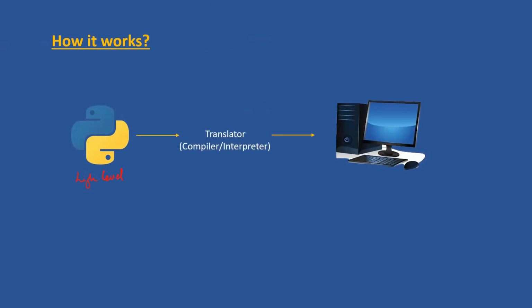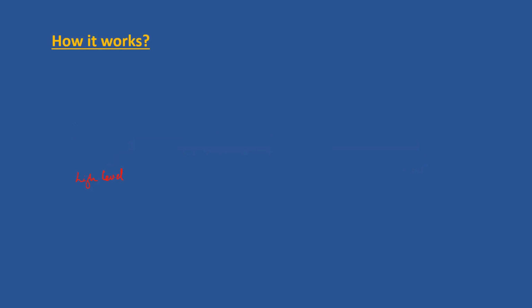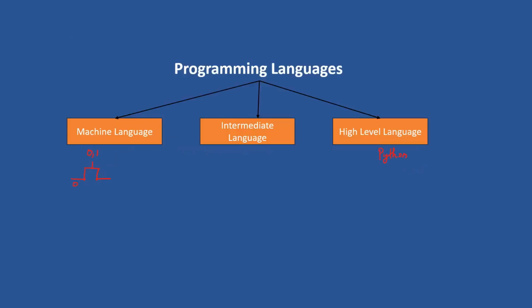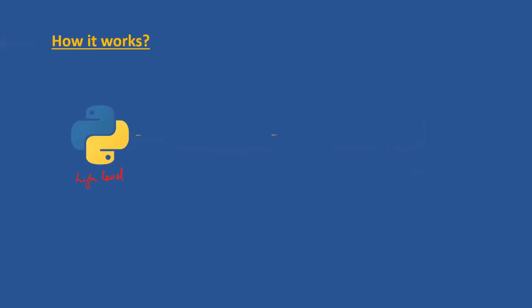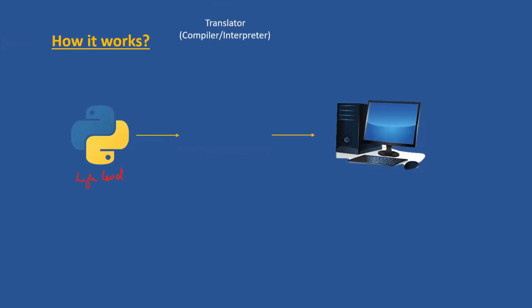For that, we use a translator. This job is done by the intermediate language, or we call it the assembly language. I hope you are getting my point. This translator helps us convert our high level language to the machine level language.